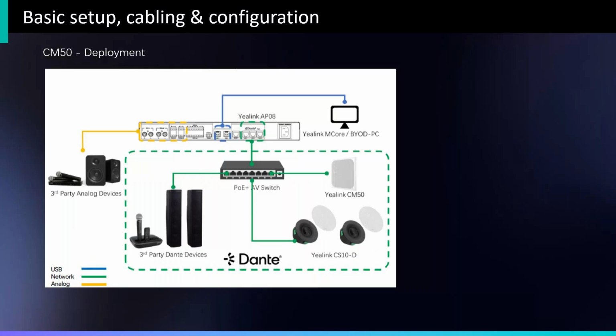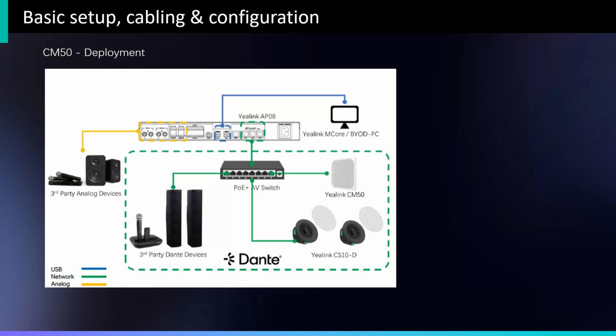The CM50 is different. With the CM50, we connect all the gear, be it third-party Dante devices or Yealink Dante devices like the CM50 and the CS10D, to the DSP, the Yealink AP08, and the DSP we then connect via USB to the MCore or to the BYOD PC.